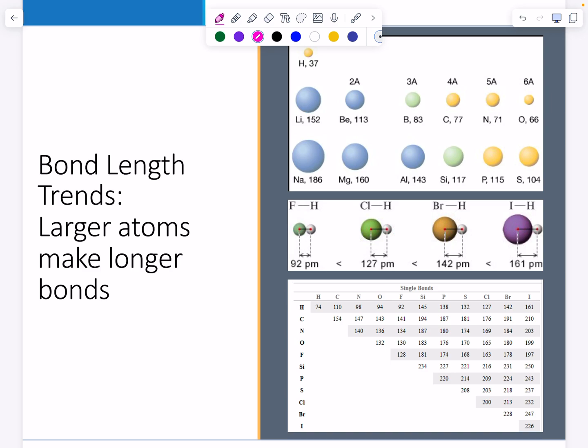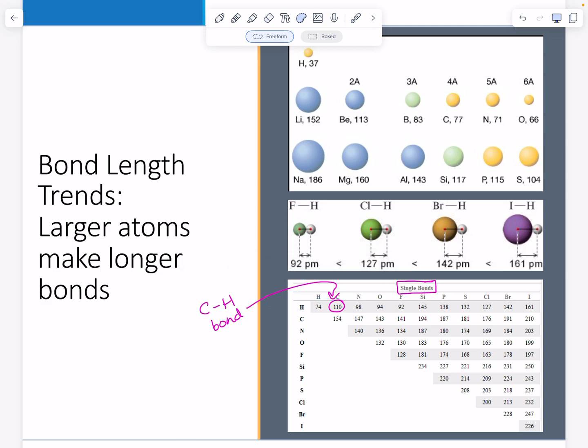So when you look at this table here, to go back to what we were talking about on the previous slide, here is the length of a carbon-hydrogen bond. So this is a CH single bond. That's what that position in the table is.